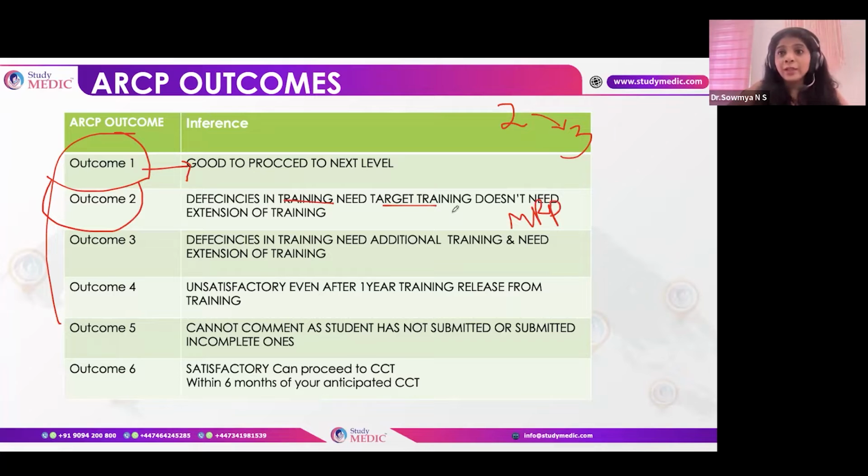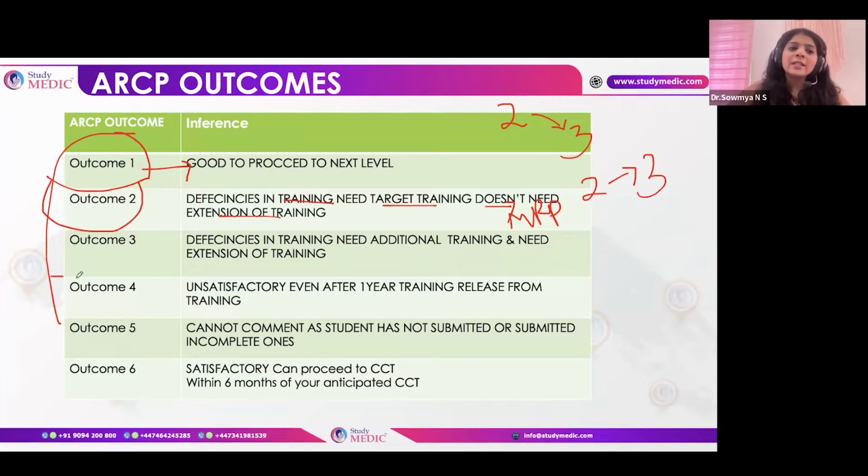This person is doing well in formative, but when it comes to summative, because of fewer cases available, he or she is not able to perform. In that case, with outcome 2, you still move from ST2 to ST3. However, you would need additional training for that particular thing, rather than being held at ST2 level.